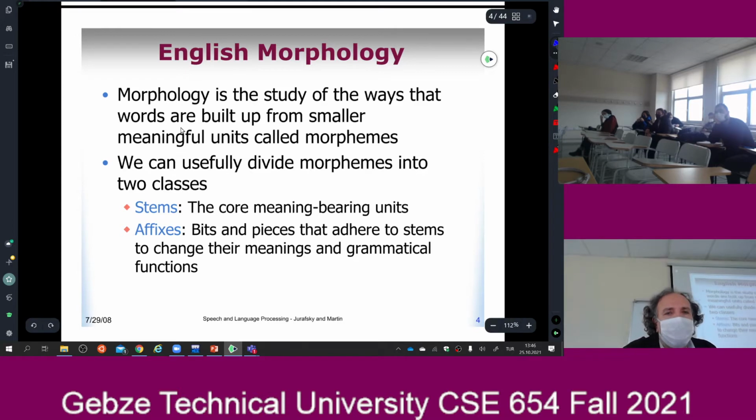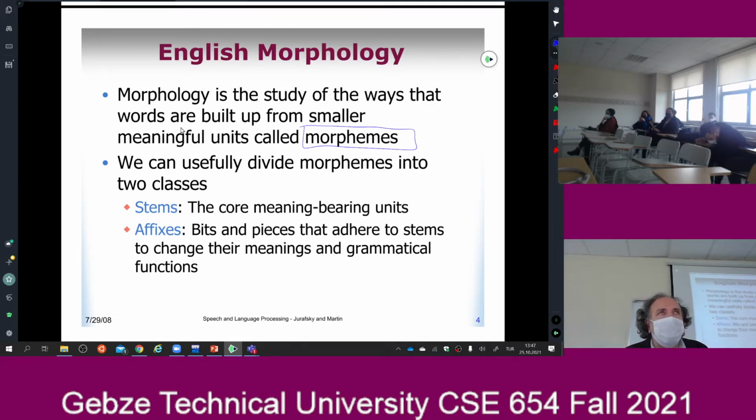It is the study of words, basically, of the ways that words are built up from smaller meaningful units called morphemes. We have the root of the word. We keep adding new morphemes to it, new pieces, either in front of the word or at the end of the word. You make new words, or you derive new words, or you inflect new words.